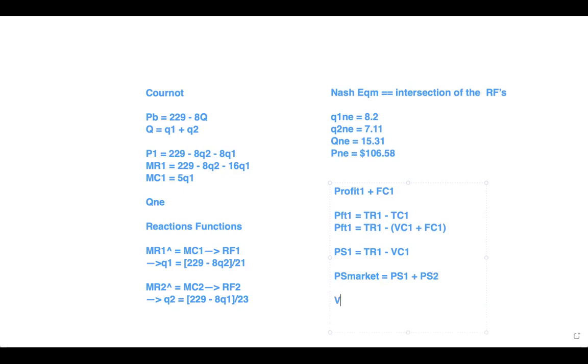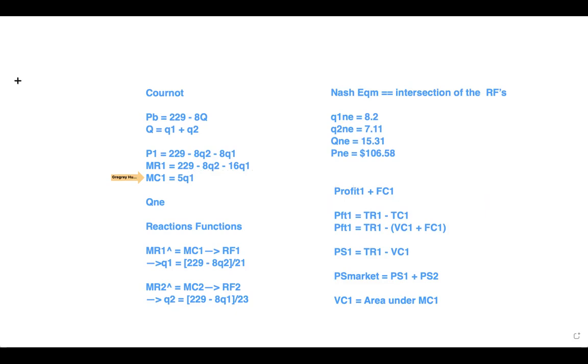So if we want the variable cost for firm one, that's just going to be the area under the marginal cost for firm one, up to the quantity that it produces. We've done this before, but it's a ray out of the origin.